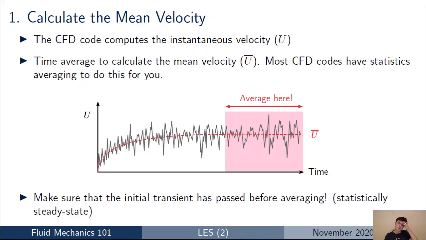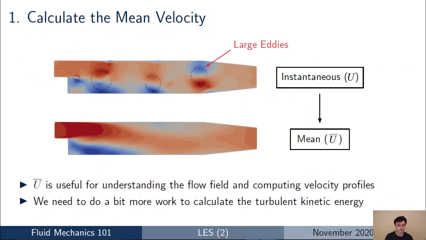Some places will call this a statistically steady state. That's what you want to be looking for with your CFD calculation. And I'm going to go into more detail into the time averaging process in another video. But for now, what you want to do is just make sure that your LES simulation has run a sufficient length of time and then carry out a time average. And that's going to give you the mean velocity field, which we're going to call U bar.